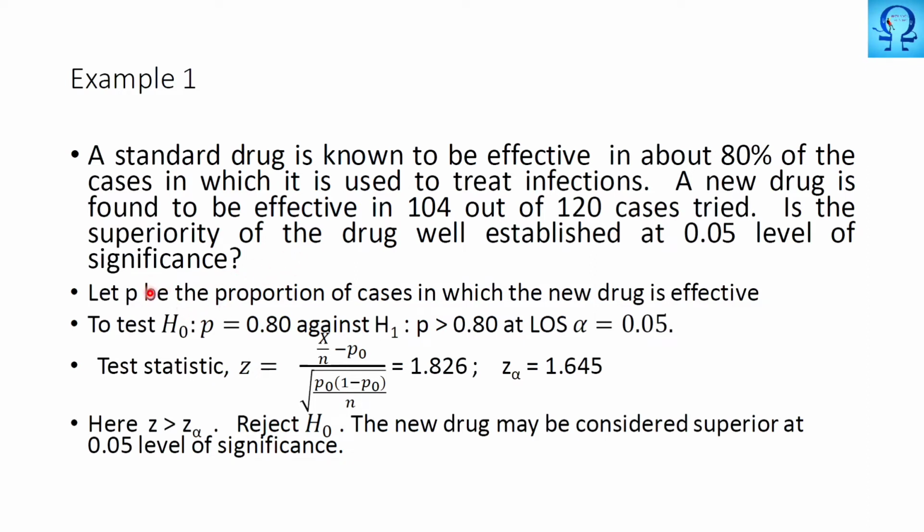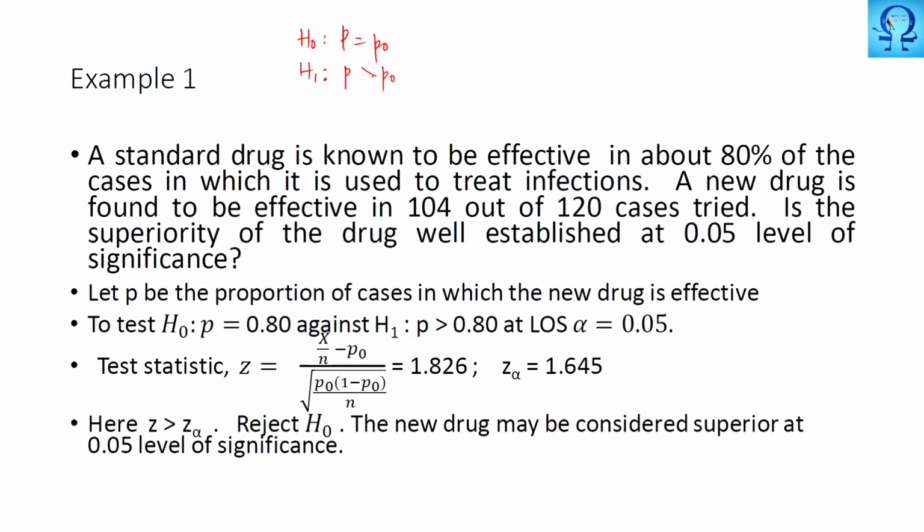By looking at this problem, we might have identified that our H naught is going to be P equals something, and H1 we have to decide: P greater than P naught, less than P naught, or not equal to P naught. Here the question is whether the superiority of the drug is well established, which means greater than.